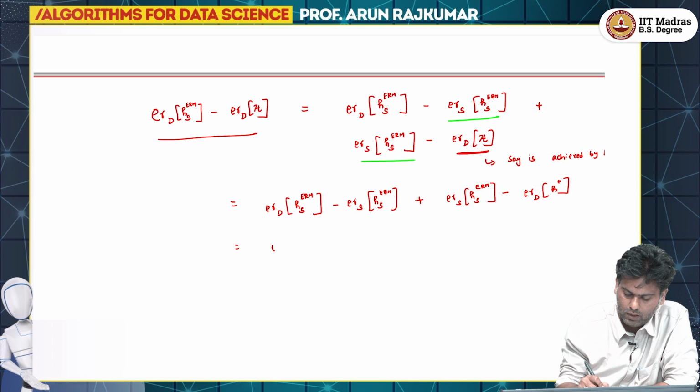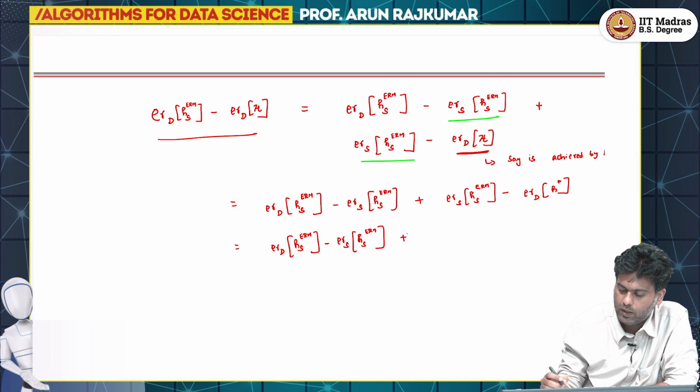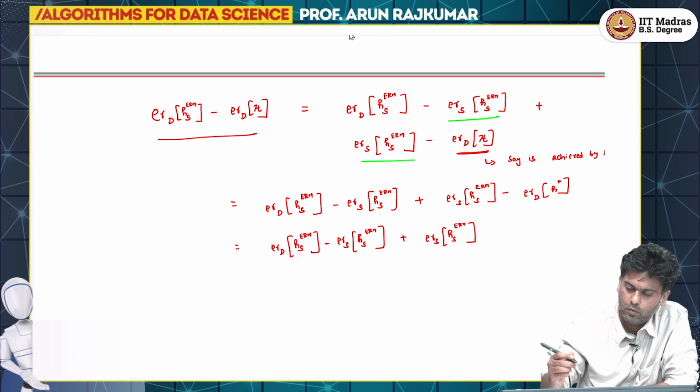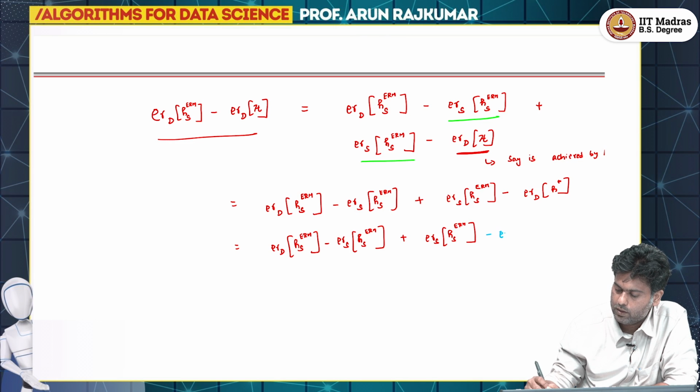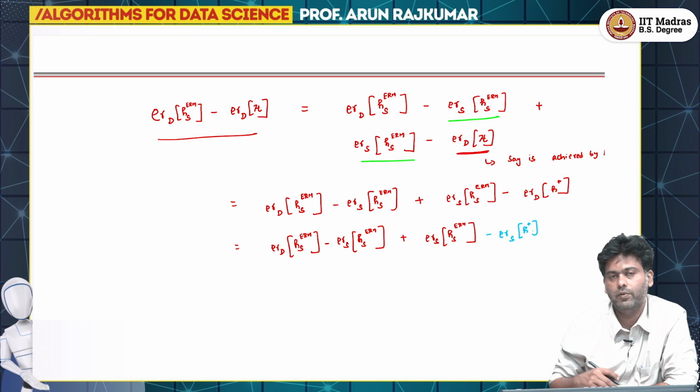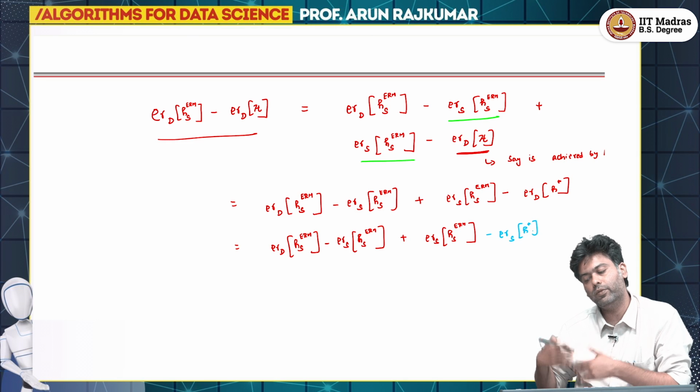I am going to write the first term as such, nothing changes there. This is just the test error of ERM minus the train error of ERM, that stays, plus the train error of ERM. And now, let me add and subtract, using a different color to make clear what I am adding and subtracting, the train error of the best possible classifier.